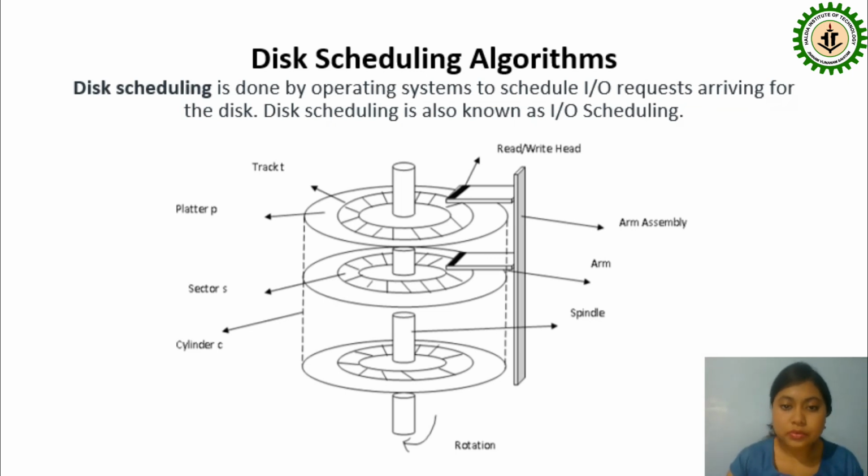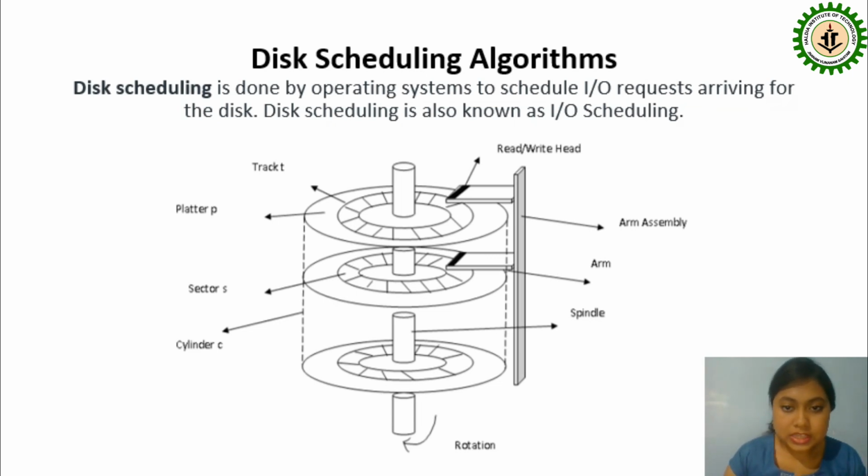So first we need to know the hard disk architecture. In this hard disk architecture there are multiple platters, these are the platters. The platters are divided into multiple tracks. These circular lines are tracks and the tracks are divided into multiple sectors.